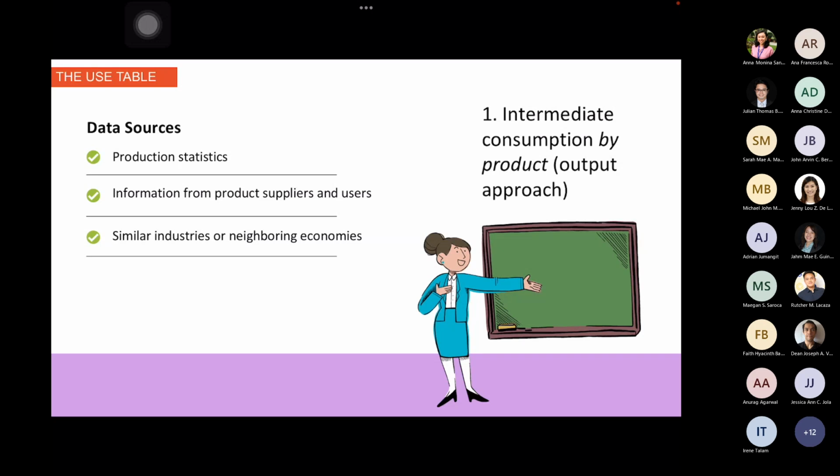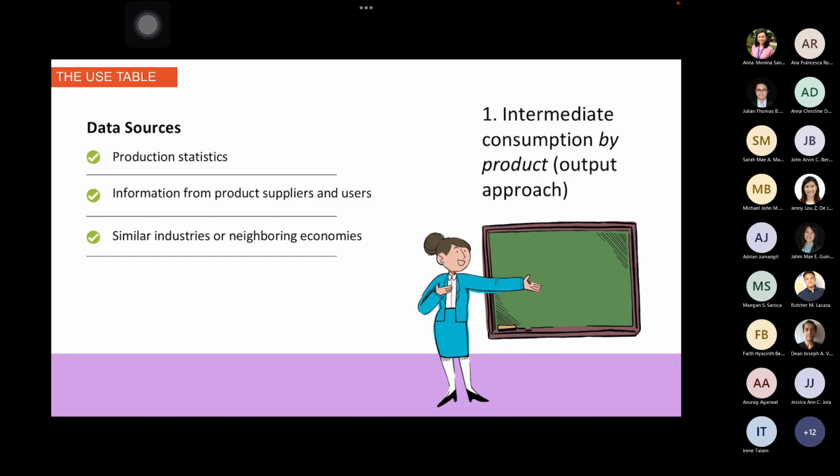And another data source would be information that is derived from the users or producers of certain goods and services. So we can also check similar industries or neighboring economies if nothing is known about inputs of some industries.